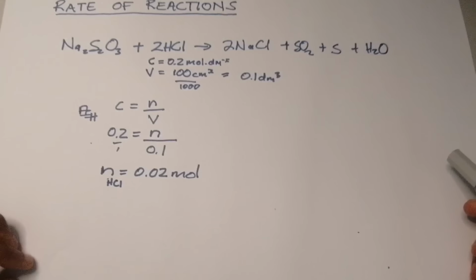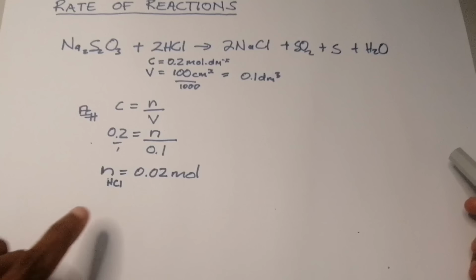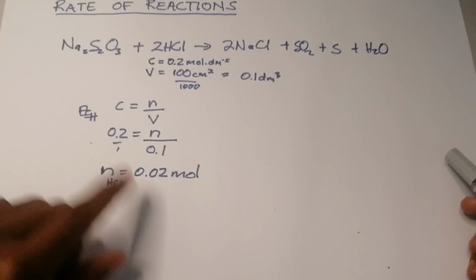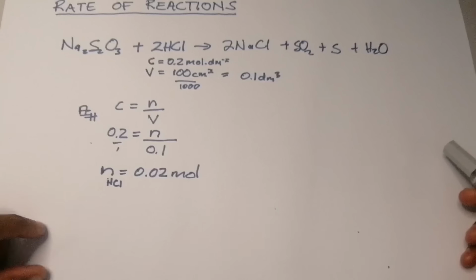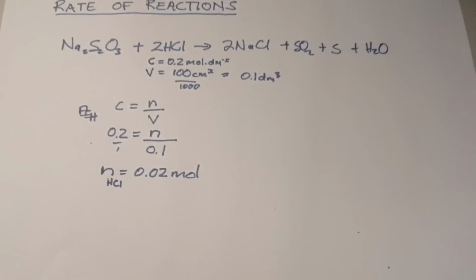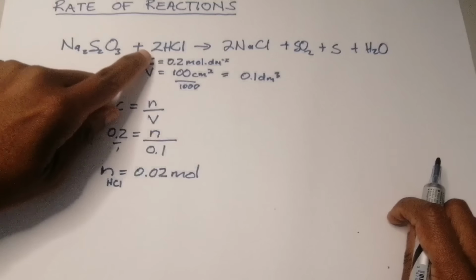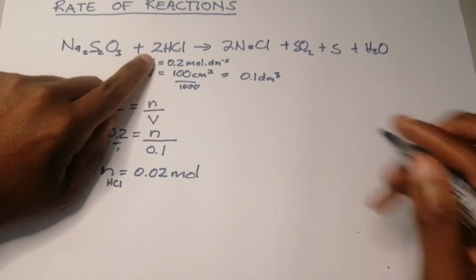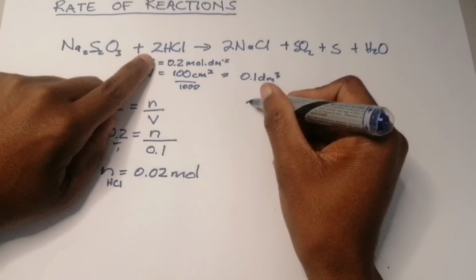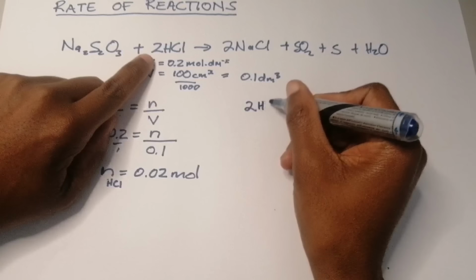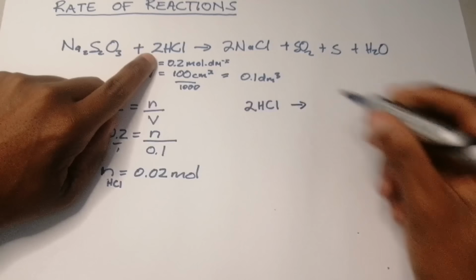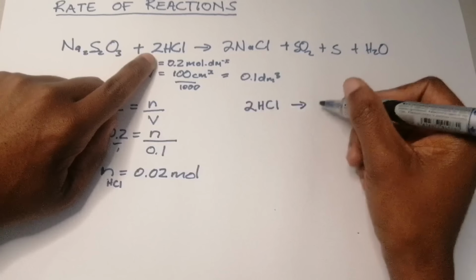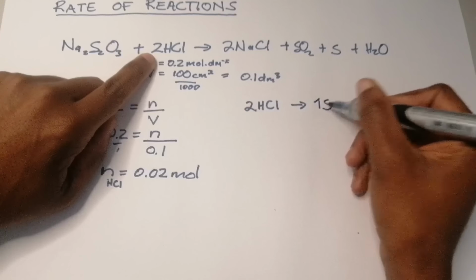Now, theoretically, if I use up all of these amount of moles, theoretically, how many moles of sulfur can I have? Now look at this. I'm going to do this with you, right? The formula says for every 2 moles of hydrochloric acid that I use, I get 1 mole of sulfur.